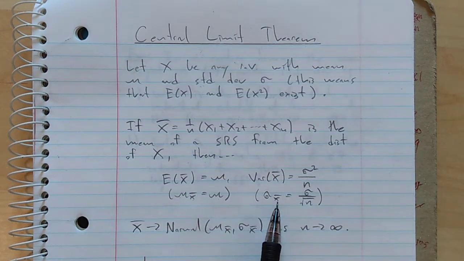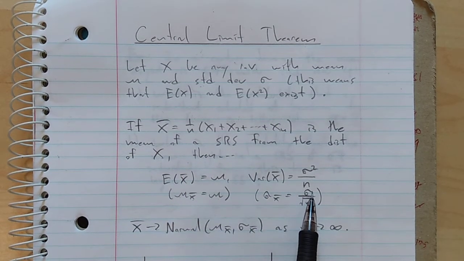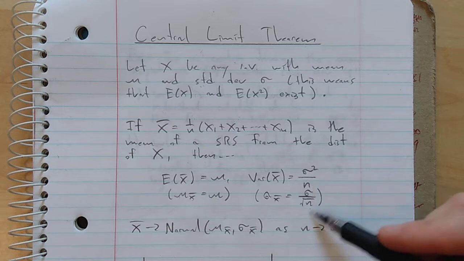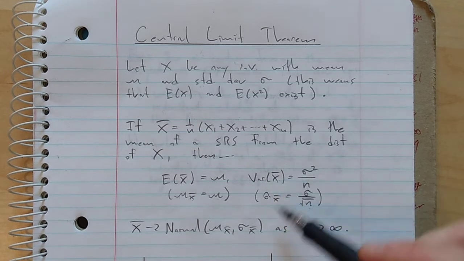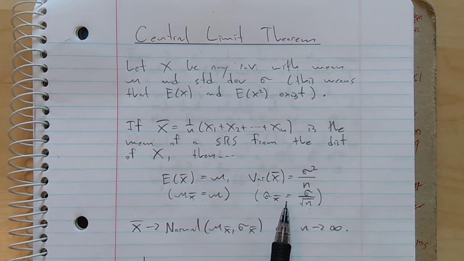So sigma X bar is the standard deviation of X bar, and that's the same as the standard deviation of X, the distribution I'm drawing from, divided by the square root of the sample size. I square rooted both sides, because here I have the variance and here I have the standard deviation. So you'll see these two expressions coming up a lot.